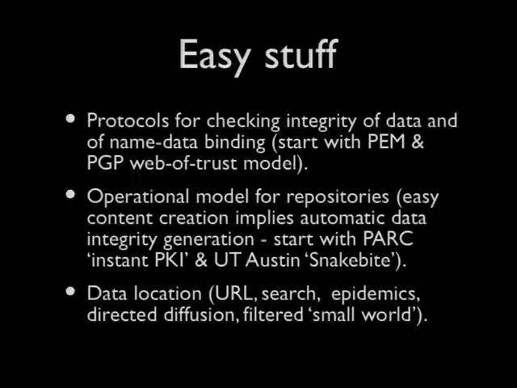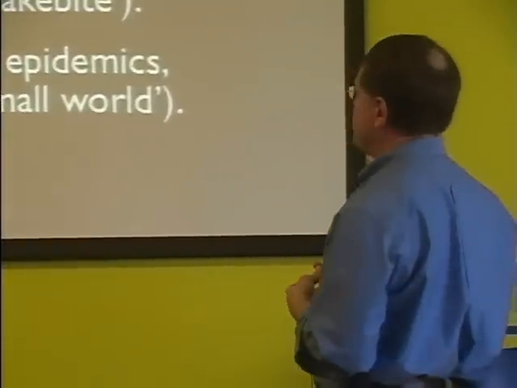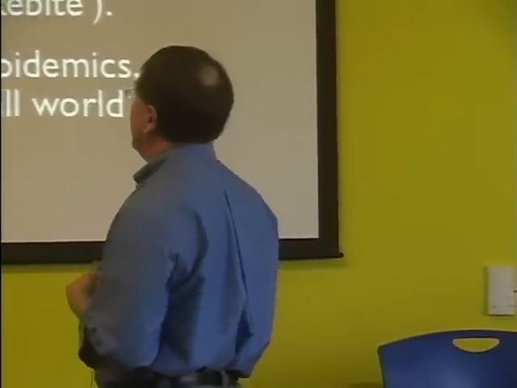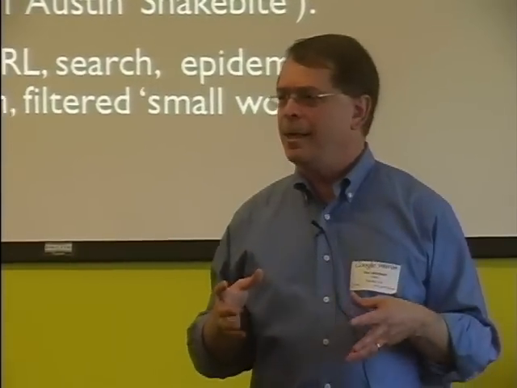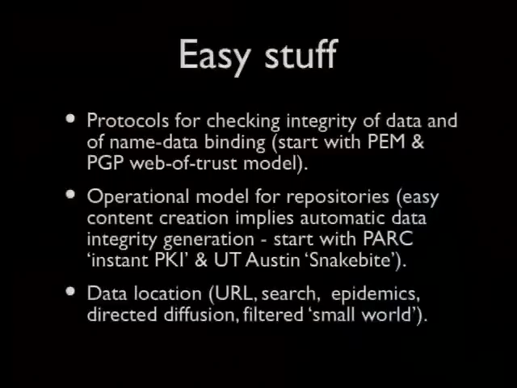PARC's working on a system that they call usable security, kind of an umbrella project. They've got a model for how to do repositories in that automatic way that they call Instant PKI. And UT Austin has been doing some wonderful things in distributed networking, peer-to-peer networks, very distributed services.